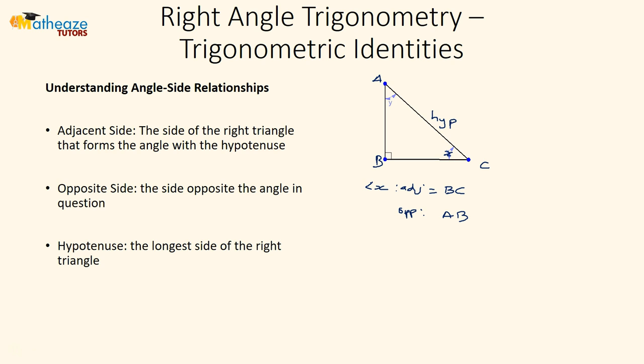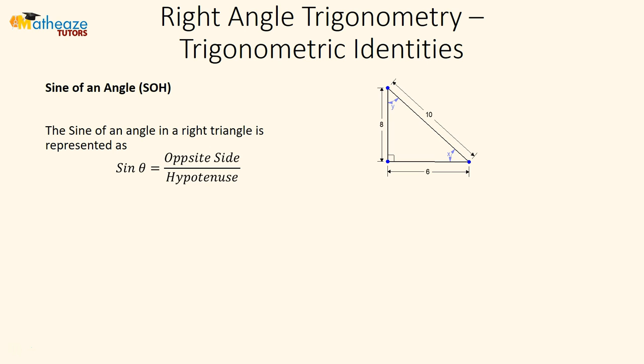Now let's apply the same to angle Y. With angle Y, the adjacent is the side that forms that angle with the hypotenuse, which is going to be AB. So adjacent is AB. And then the opposite is the side that is not involved in forming the angle, which is BC.